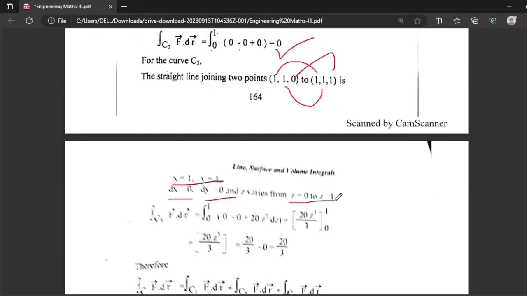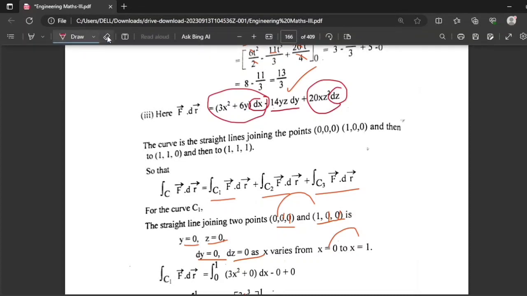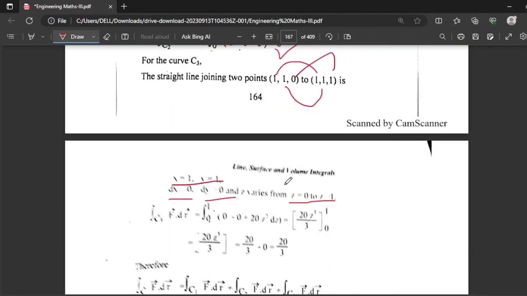Here dx and dy are 0, so remaining is 20x z square dz.